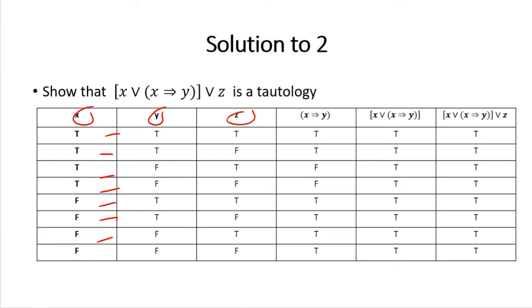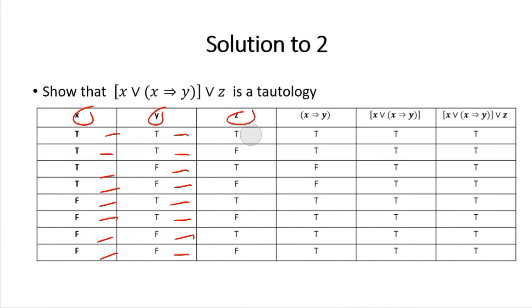After we do T, T for Y, F, F, T, T, F, F. So you need to know this by heart. And the last statement, which is Z, will be T, F, T, F, T, F, T, F. Okay, so we have found the 3 statements.